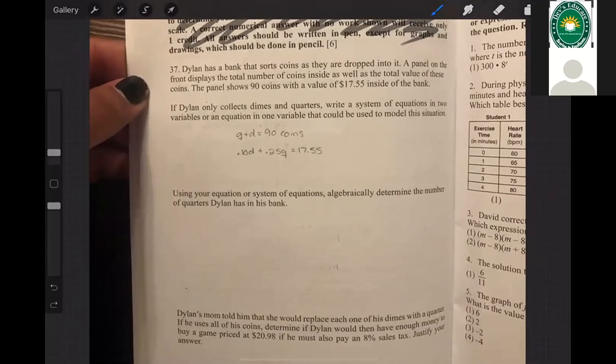How to do that? If we apply the elimination method, what we do, we equalize the coefficient of any one of the variables. Just a minute.